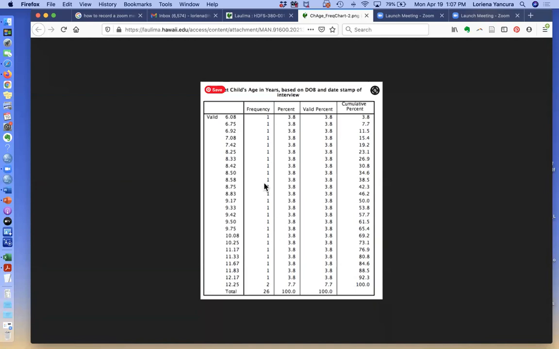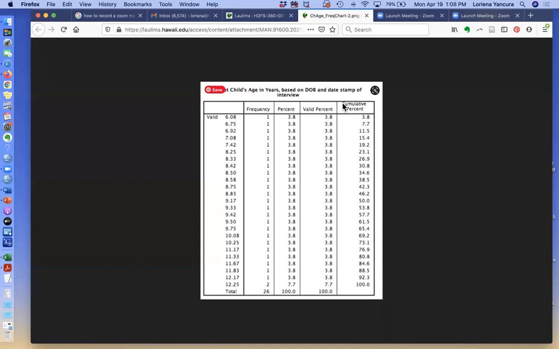So there's one child at every frequency. And then the end columns give you the percent. So obviously one child is 3.8% of the sample. This place down here where we've got 2 children, that's 7.7% of the sample.